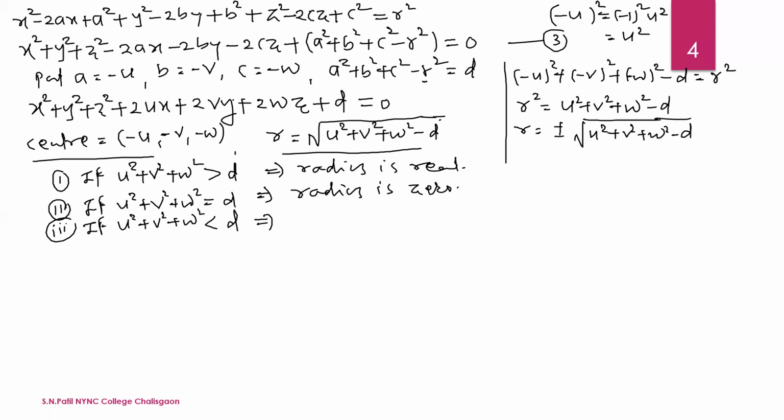Then the equation, let us give its name 4, the general form equation, represents the sphere, and the radius is imaginary. So these are the 3 cases in general form, remember. Now next is intercept form.